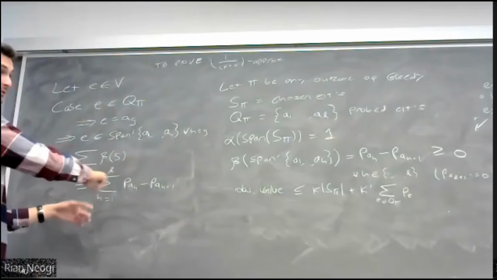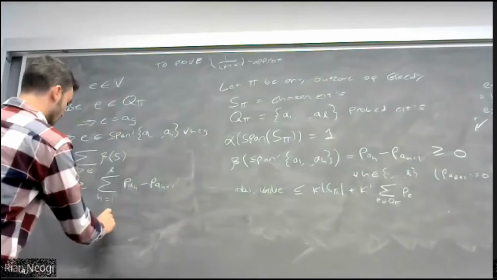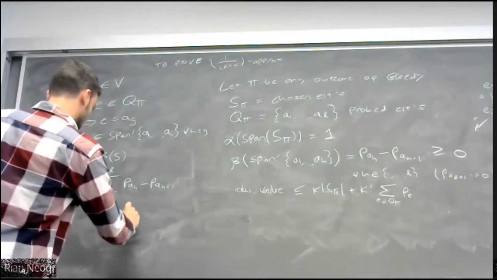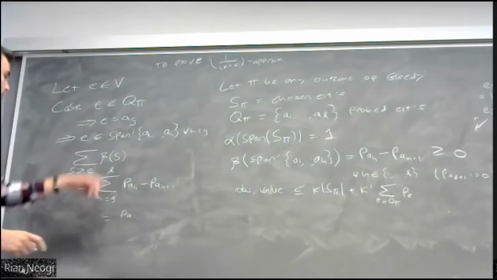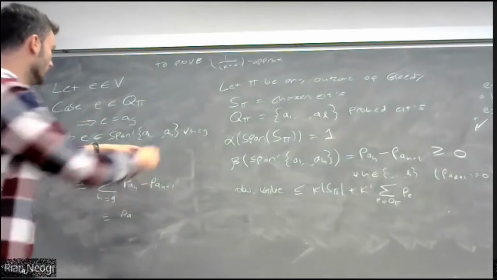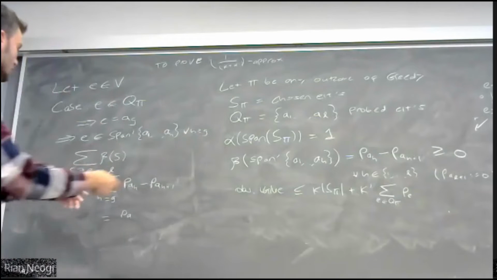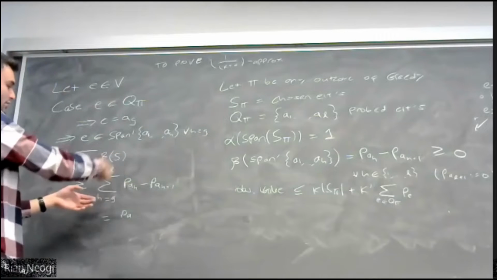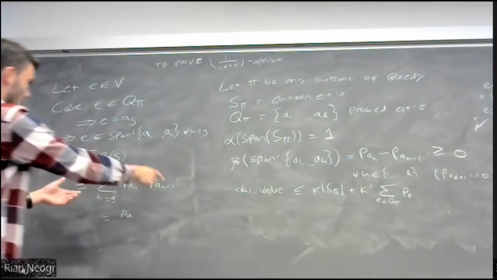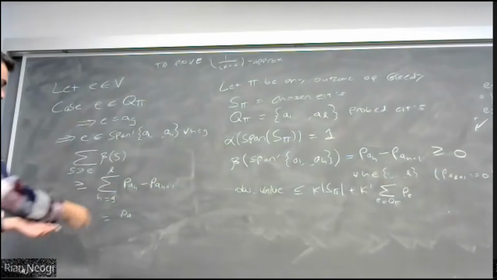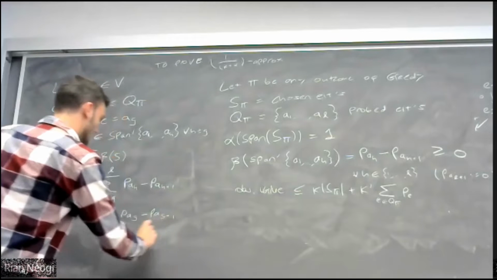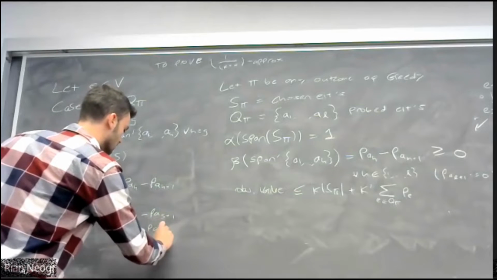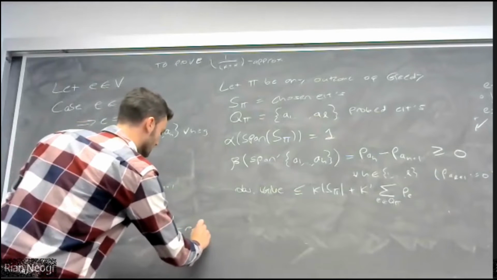Well, this simplifies very nicely, because this is H equals G to L, because this is for all H at least G. So H equals G to L of this set of these beta values. This is PAG minus PAG plus 1 plus PAG plus 1 minus PAG plus 2.